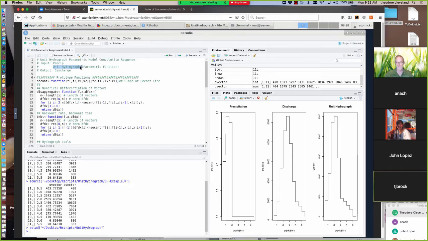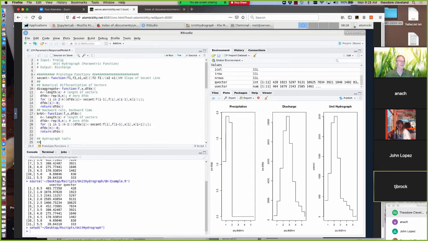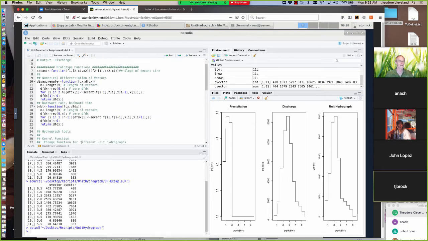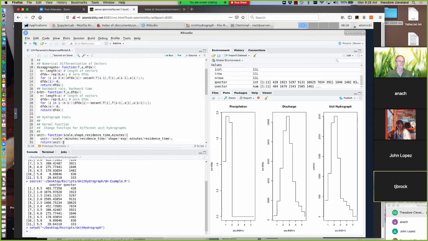So that's going to be K times (t over capital T) raised to the power n, times exp of minus t over capital T. Here are some prototype functions that are there simply to decipher the input time series. They exist in case the inputs are in cumulative fashion. And then here's the kernel function.